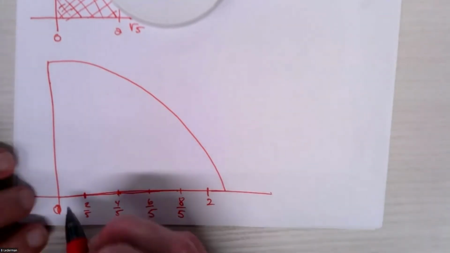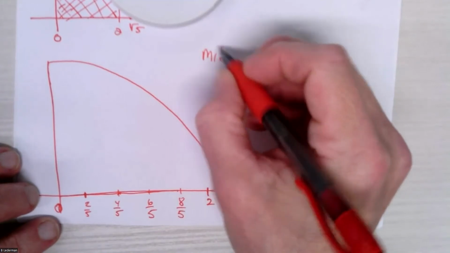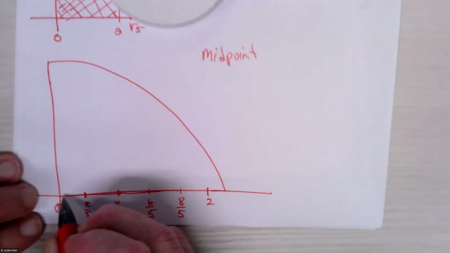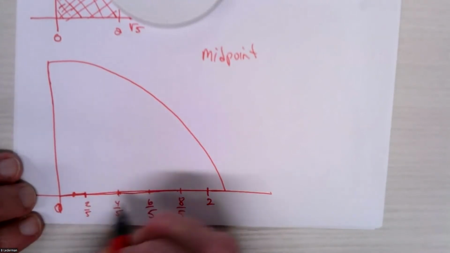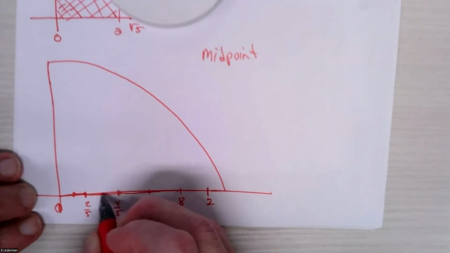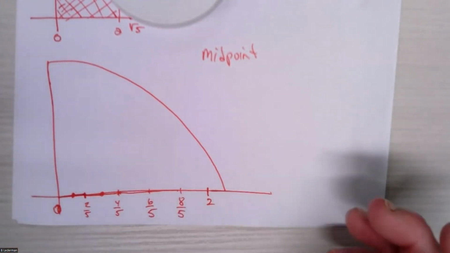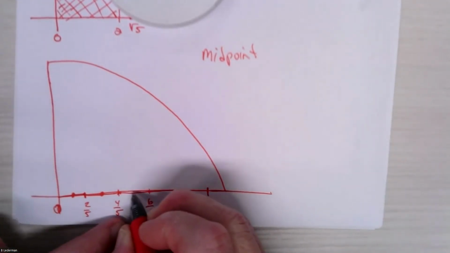What I'm going to do now is not draw lines from here up to the top. I'm going to take the midpoint. Midpoint is very important here. I'm going to take the midpoint of each interval. So here's my first interval, and that's the midpoint right there. Here's my second interval, and that's the midpoint right there. These intervals should be evenly spaced, though I didn't draw it perfectly evenly spaced. I have my limitations.